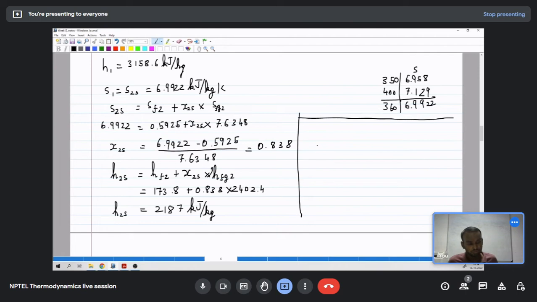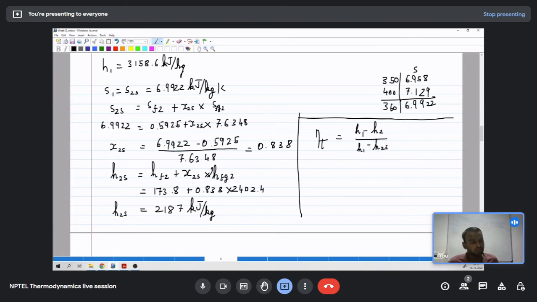So we can write the efficiency of the turbine as the actual enthalpy change, or actual work extracted from the steam, divided by the ideal work that can be extracted from the steam turbine.